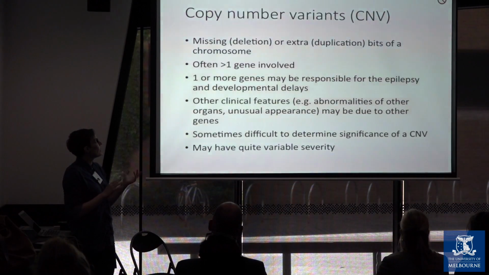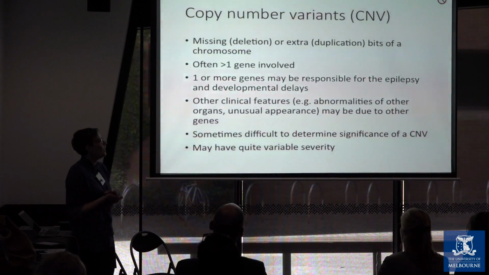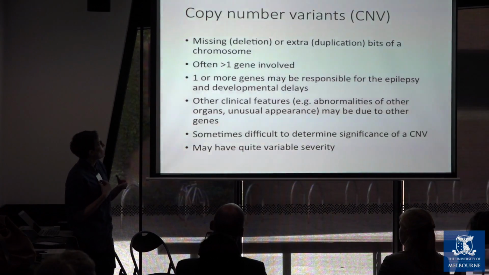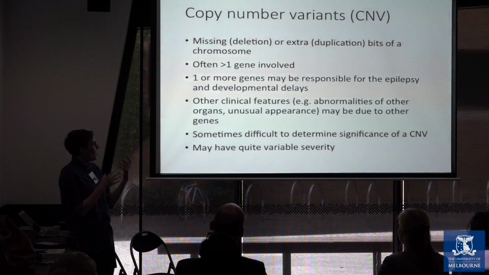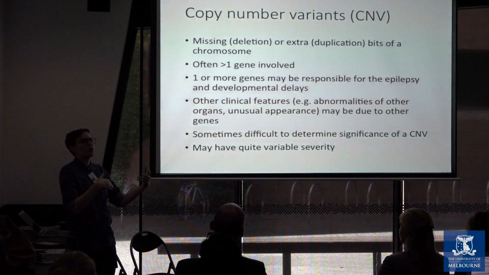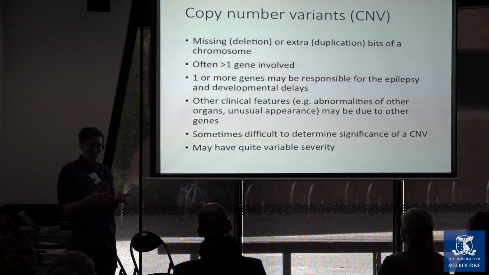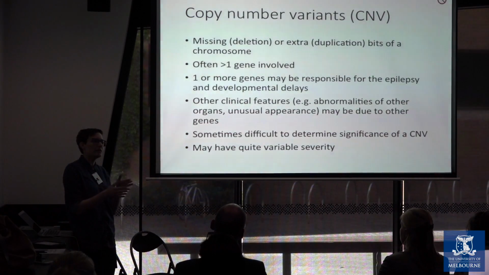So lastly, condition-wise, just to come back to copy number variants. I won't actually go on about what they are because Ingrid talked about that, but with copy number variants we actually knew about them before a lot of the single gene conditions, because chromosomal testing is something we've had for a lot longer, and we've had better access to it clinically as well.